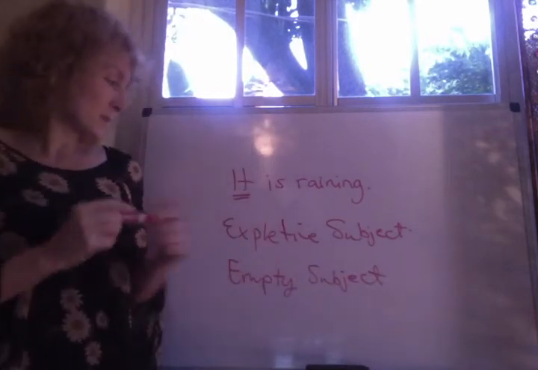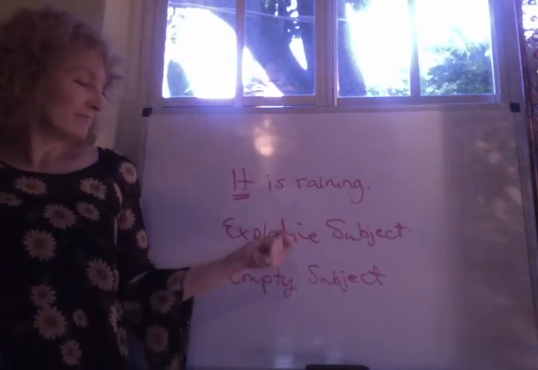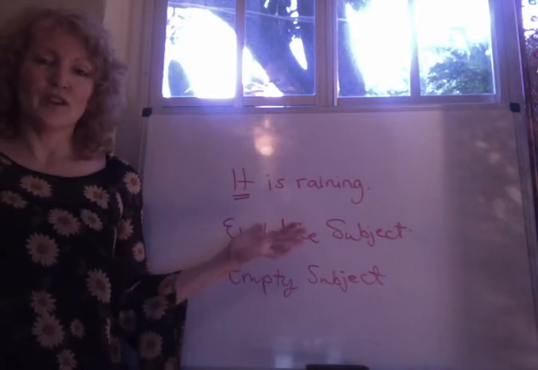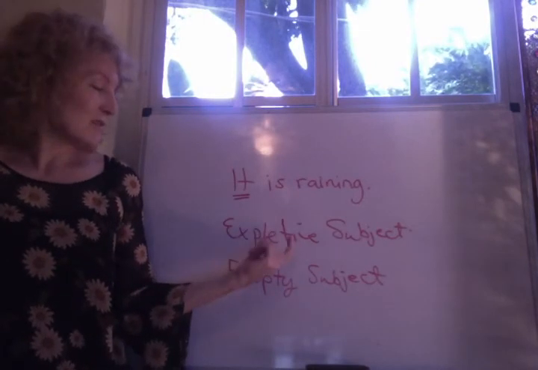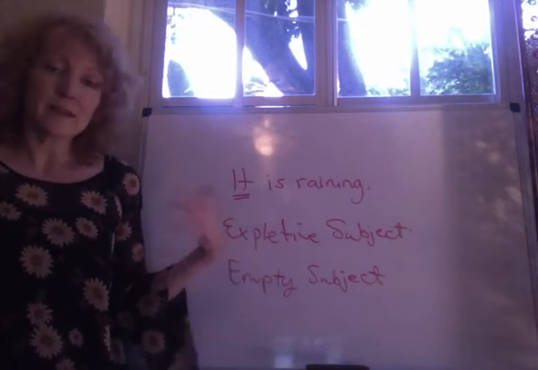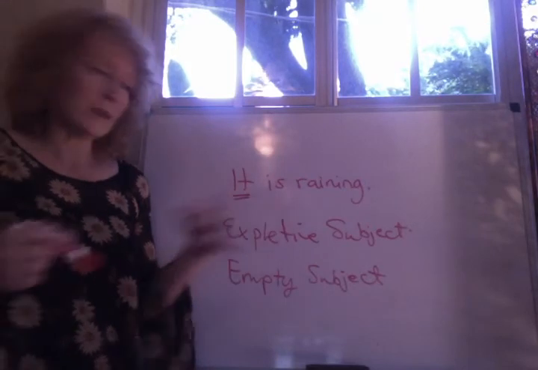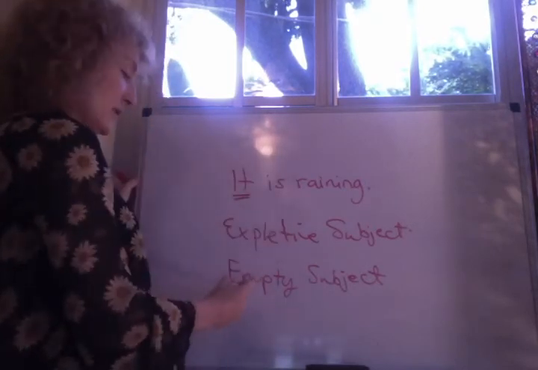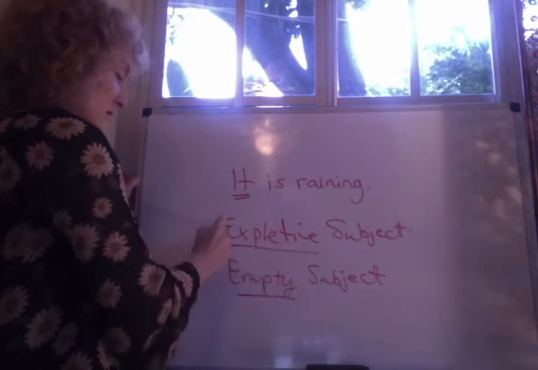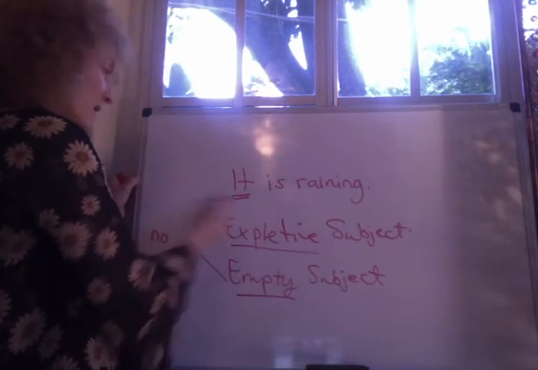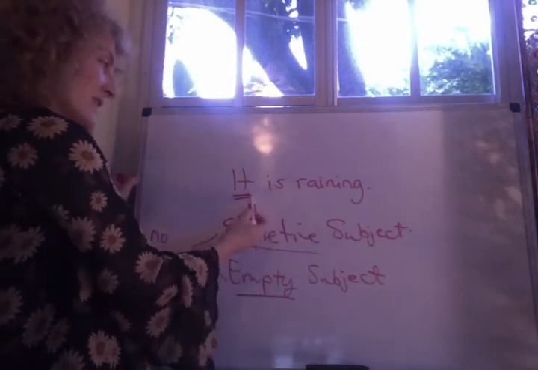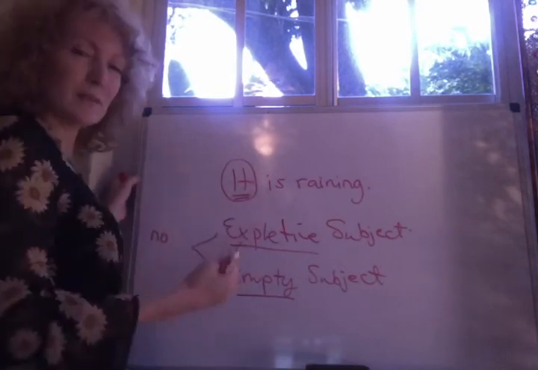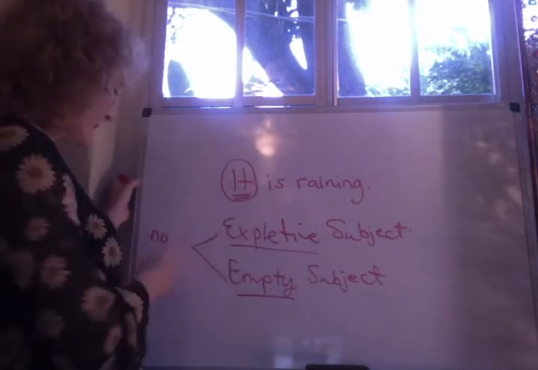By expletive, we don't mean a bad word, a word that you shouldn't say. Expletive means, in linguistics, a word that carries no meaning. And this is the same idea with empty subject. The idea is that when you say it is raining, this it doesn't carry any specific meaning. It's not pointing to a particular thing.